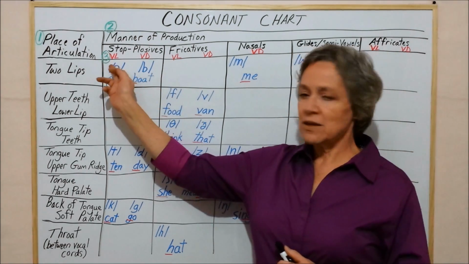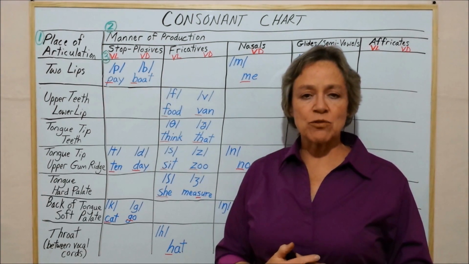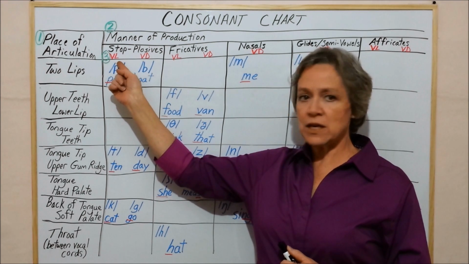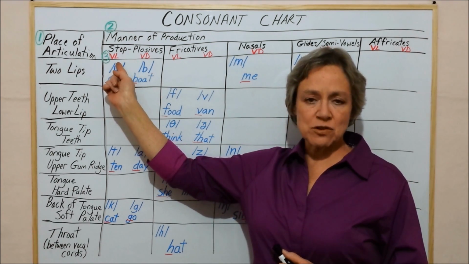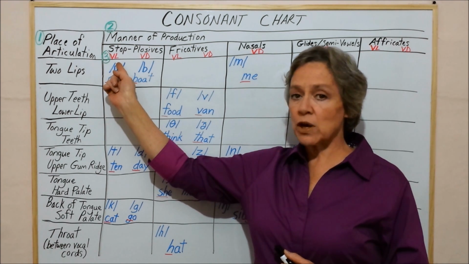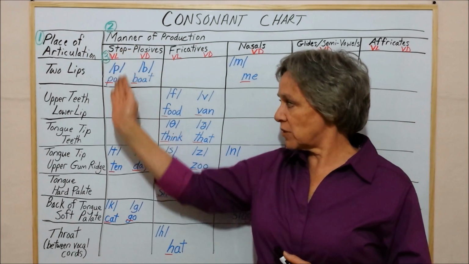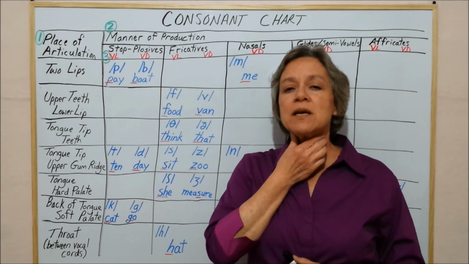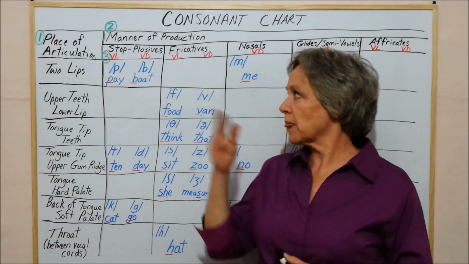The third thing to keep in mind is voicing. Is the sound voiced or not voiced? So I've used the same letters here that I used previously. VL means voiceless, so we are not using voicing to produce the sound that's below the VL. And remember, voicing refers to the vibration of our vocal cords.